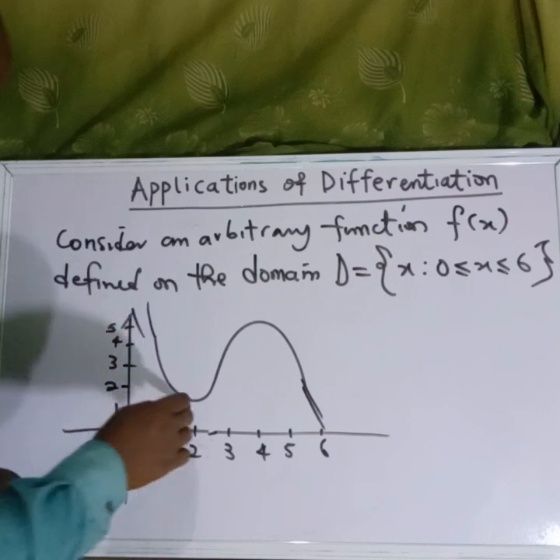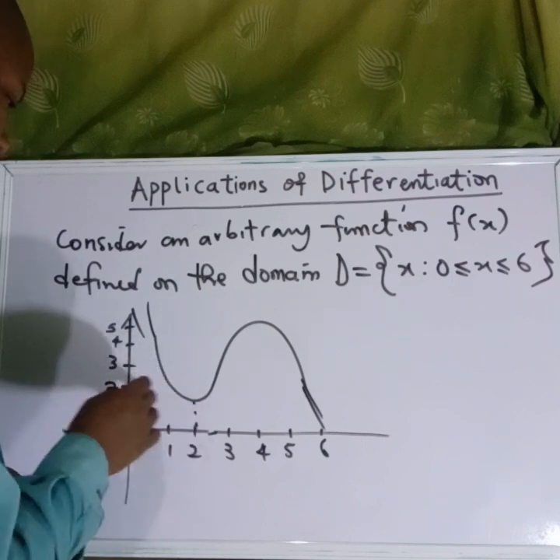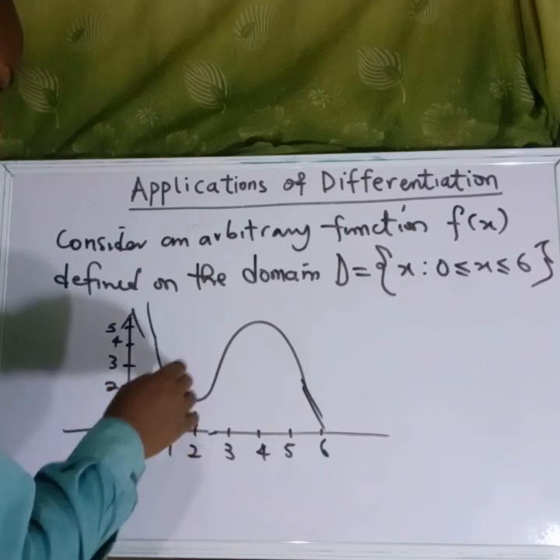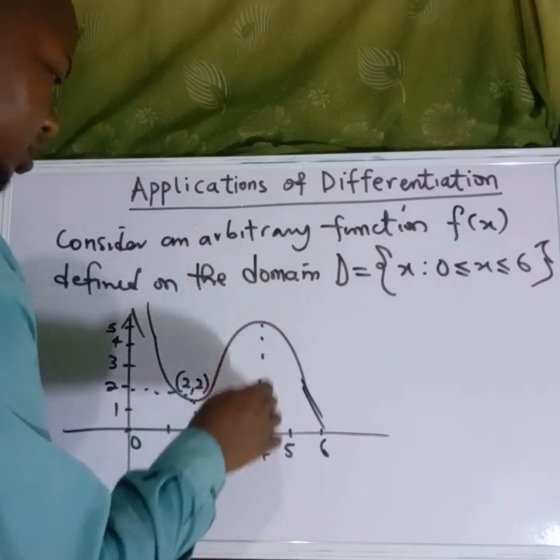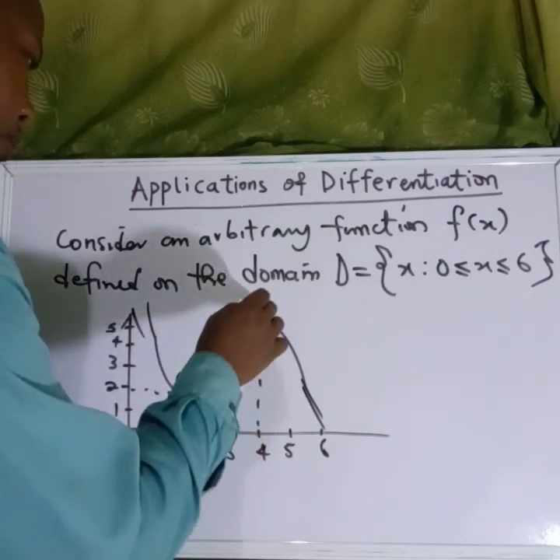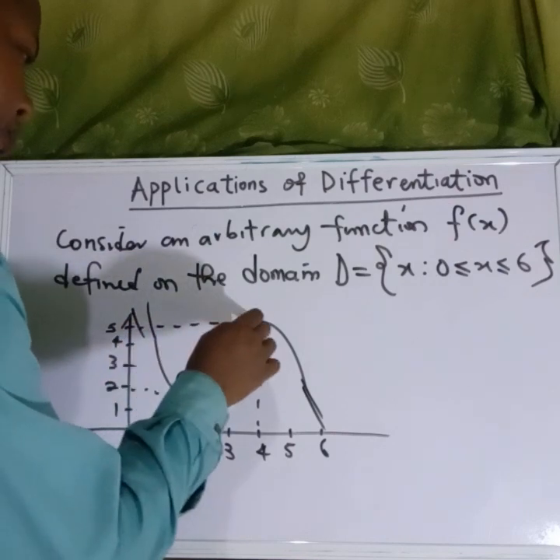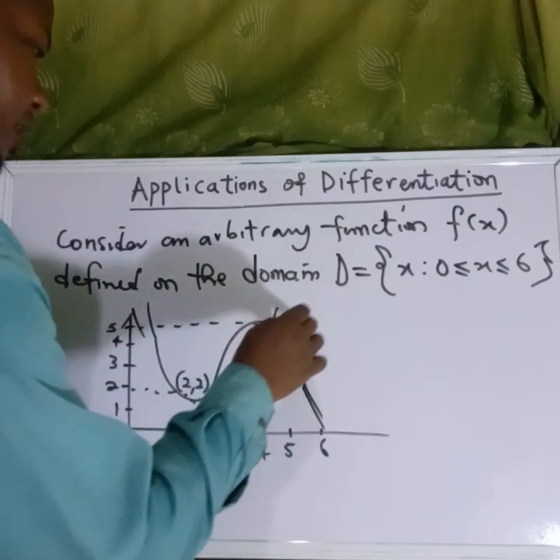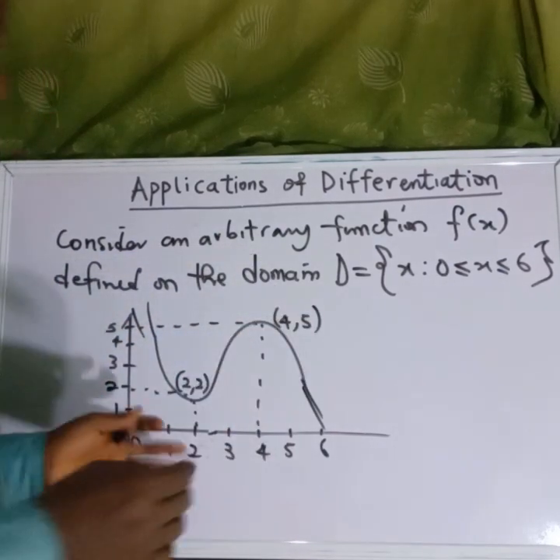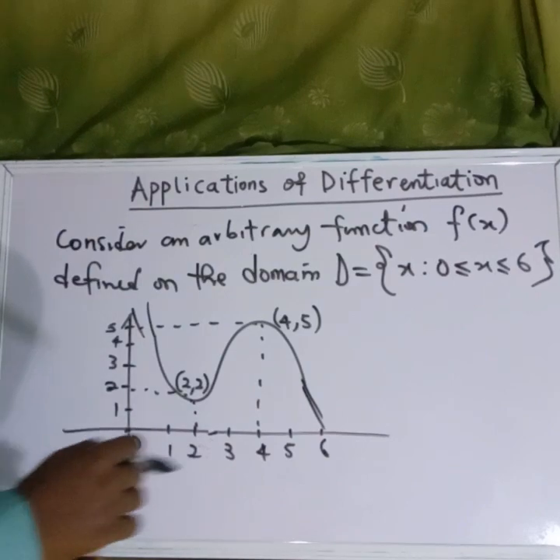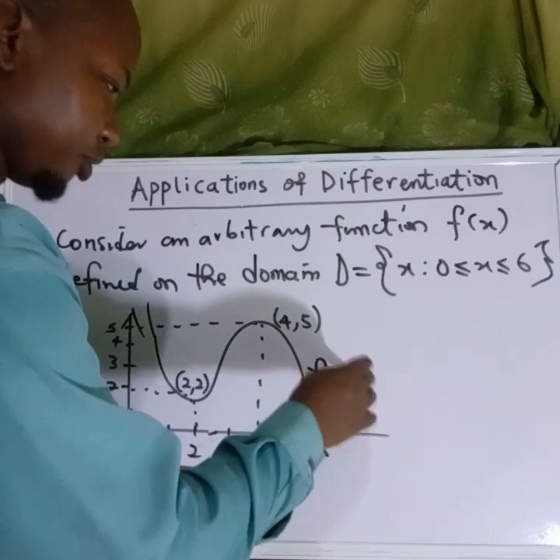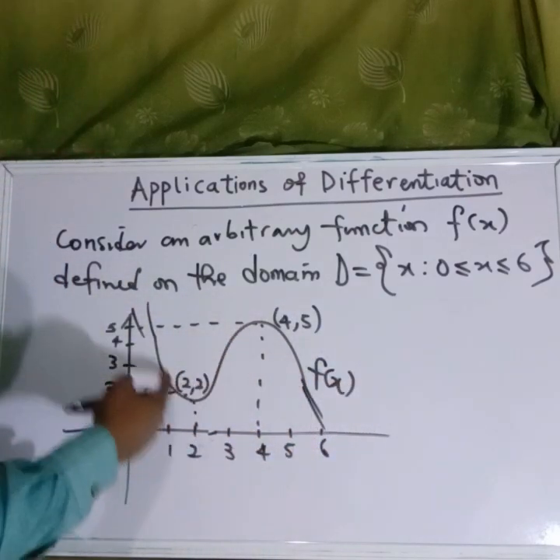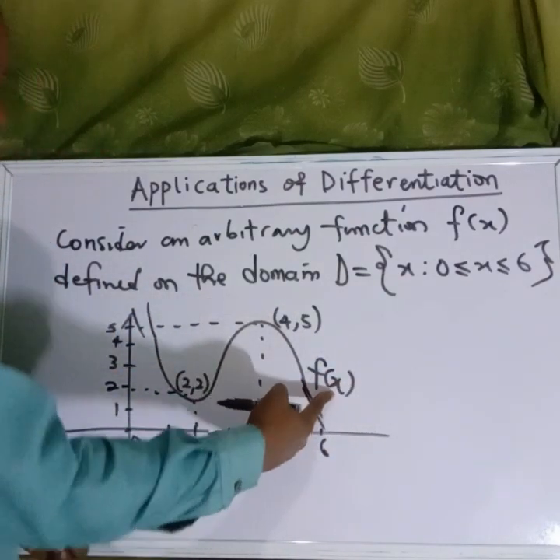Okay, so here we have the coordinates 2, 2, and here we have the coordinates 4, 5. If you measure from here to here, this is 4, 5. So this is the arbitrary behavior that we are considering, an arbitrary curve of a function f of x.